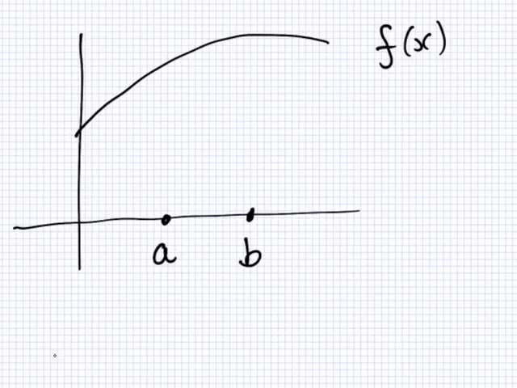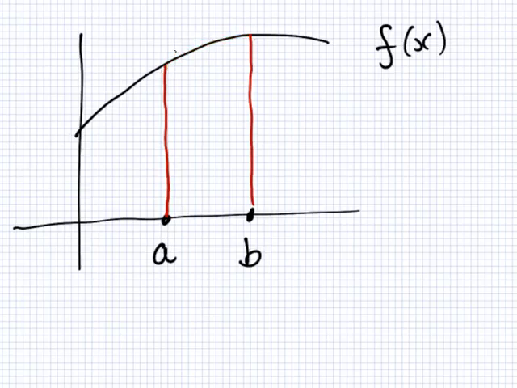I want to show you that we can think of antiderivatives as representing area on the graph. So, let's imagine I have an A and a B, and I try to calculate the area under the curve between A and B. Now, the problem is that this part here is curved, right?